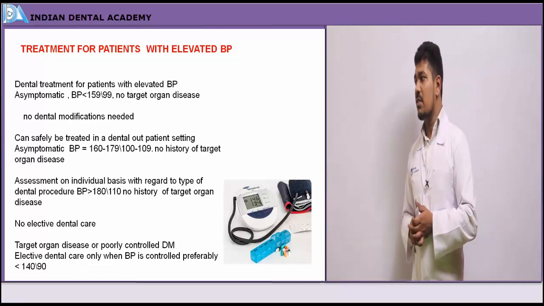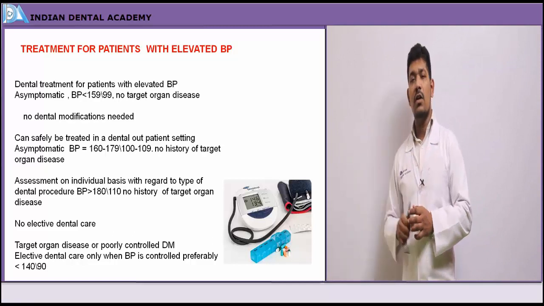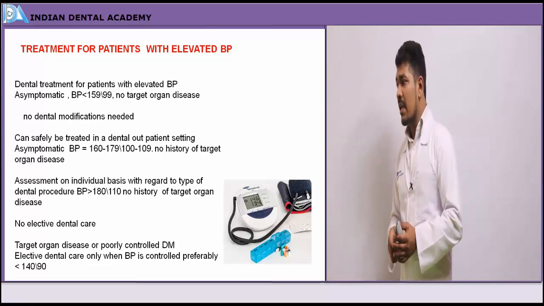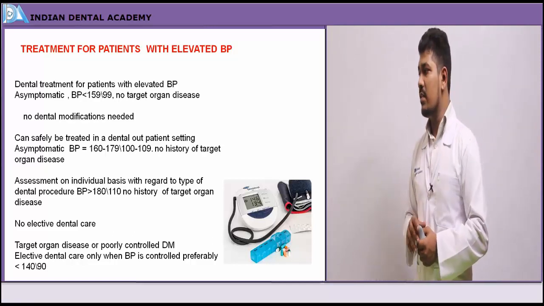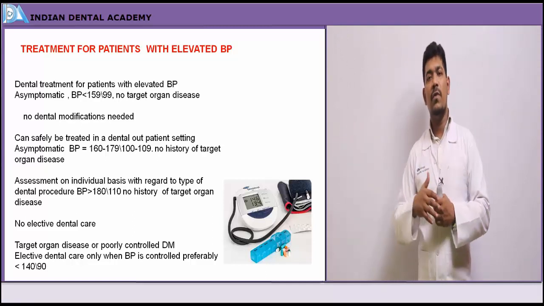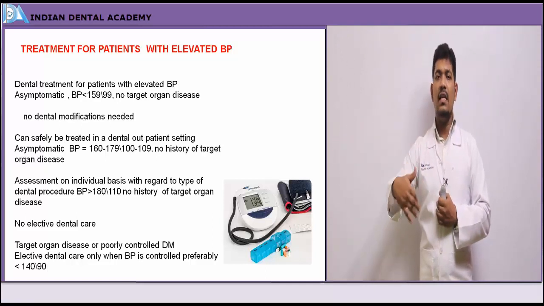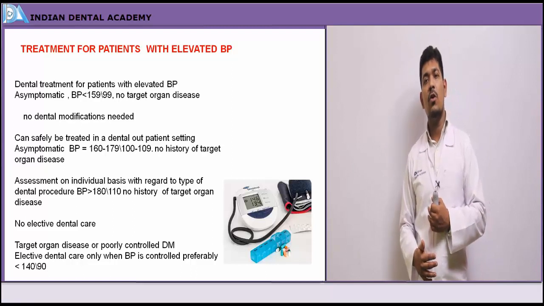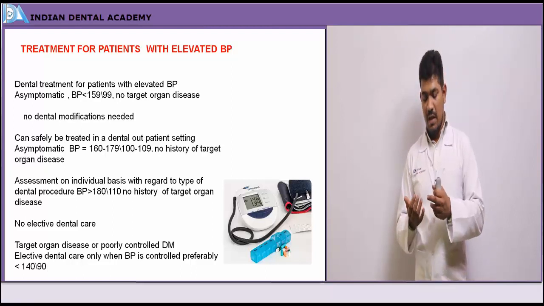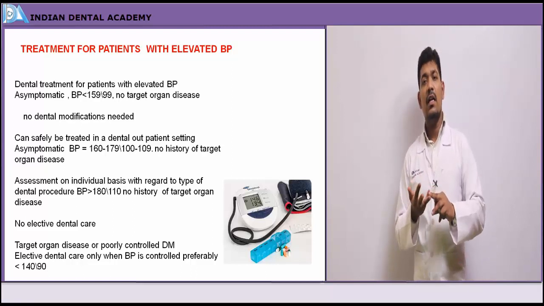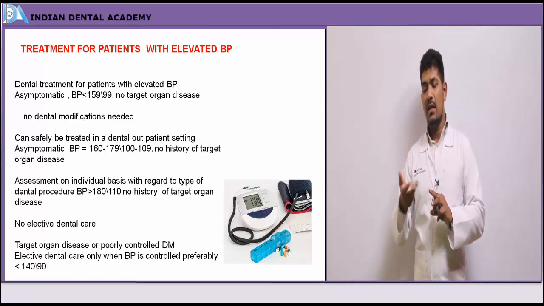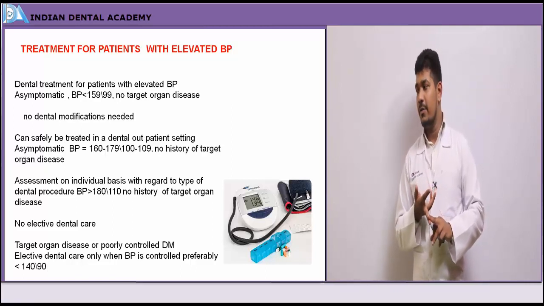In such cases, wherein the BP is less than 160 by 100 and there is no target organ disease, dental modifications, be it any kind, are not necessary for these patients, where the patient is asymptomatic, there is no target organ disease and the BP is less than 160 by 100.